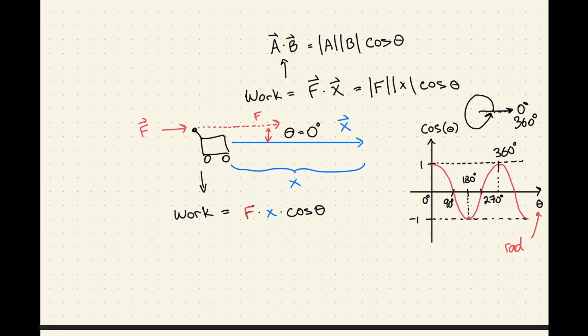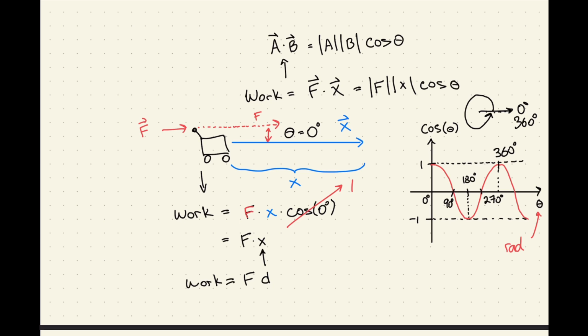All of that is to say that you can simplify this equation by plugging in cosine of 0 degrees over here, and this entire thing equals 1. So the whole work equation simplifies to force times displacement. Sometimes this x displacement is written as d, and you get the simple equation work equals force times distance.